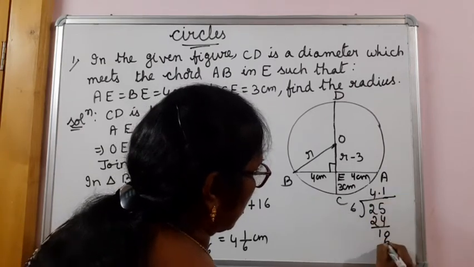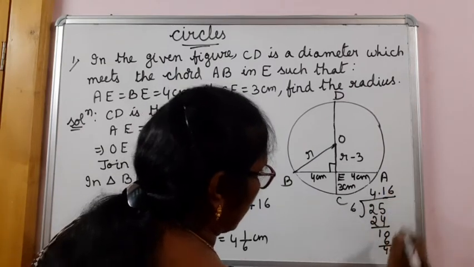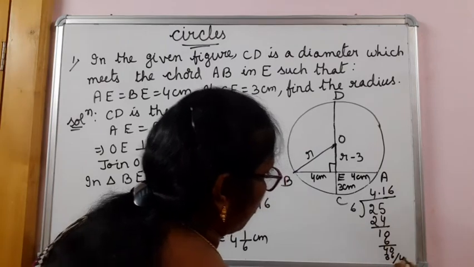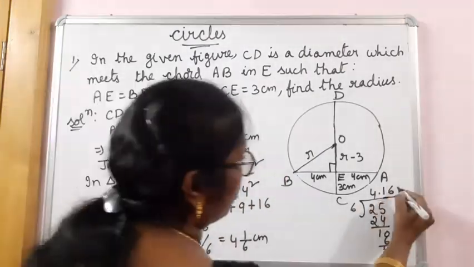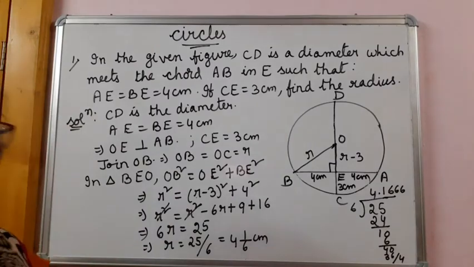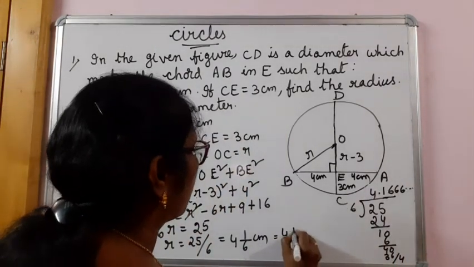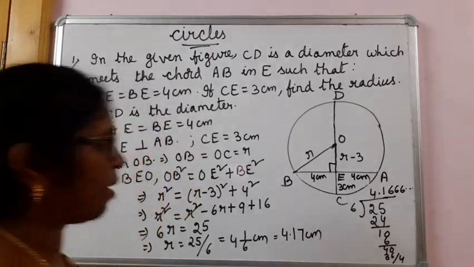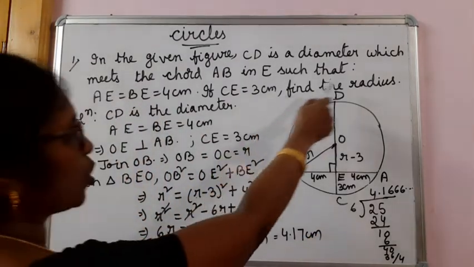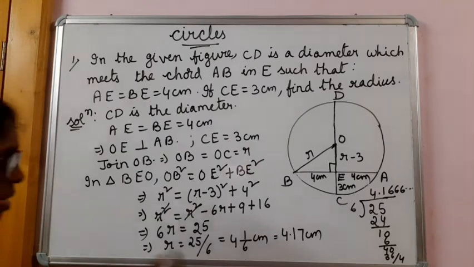Point. 6 ones are 6, 4 0. 6 sixes are 36, again 4. So continuously if you divide, you will get 4.166 and so on. That means 4.17 cm.